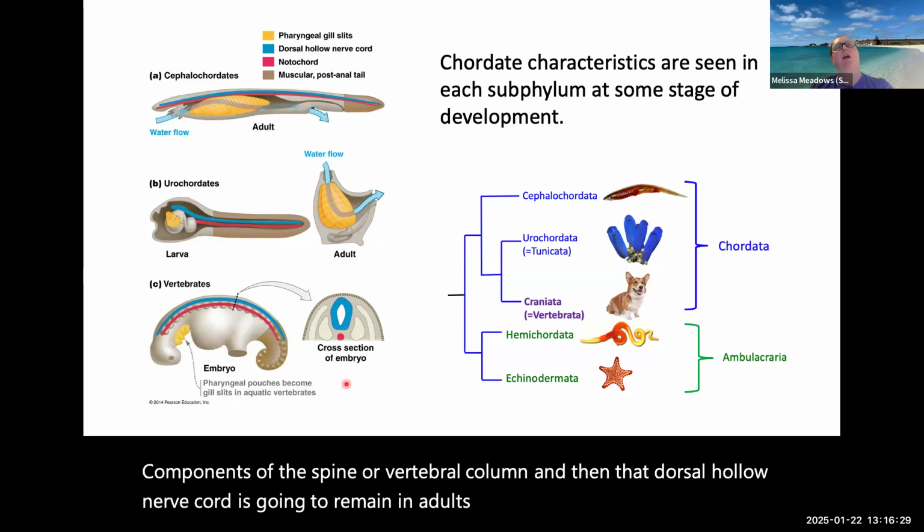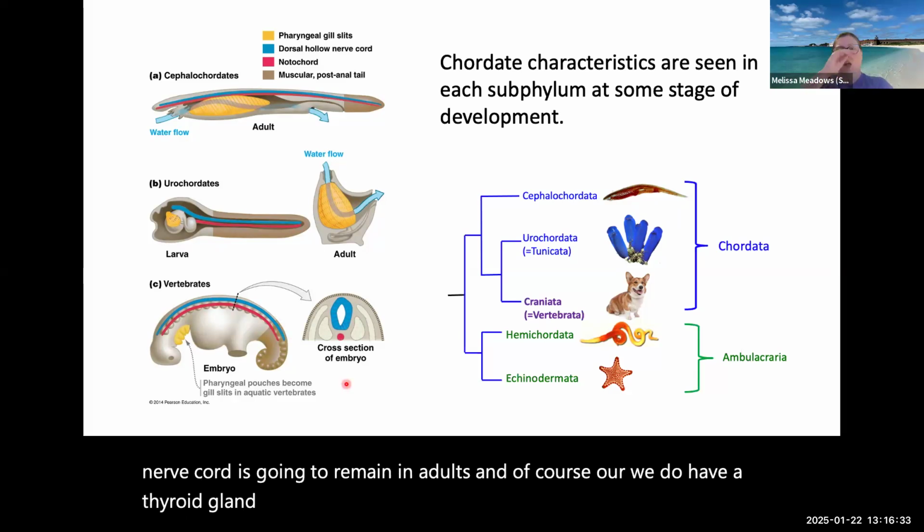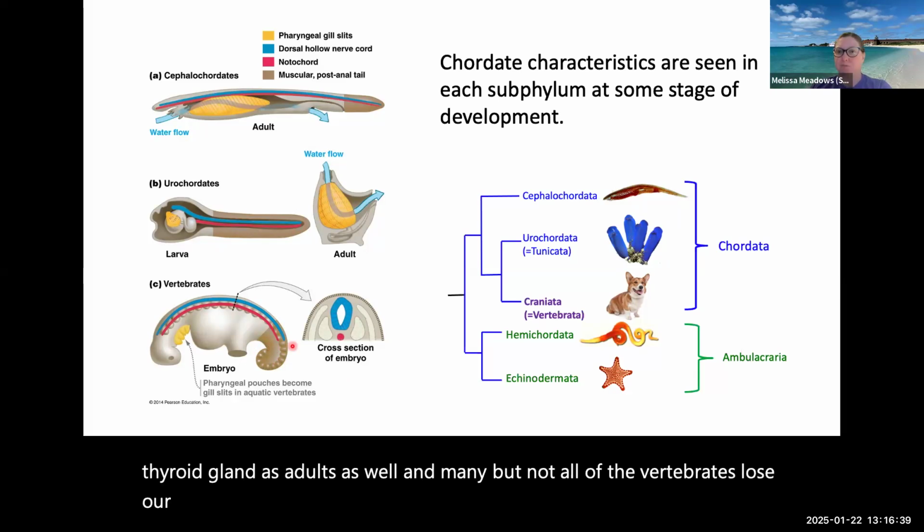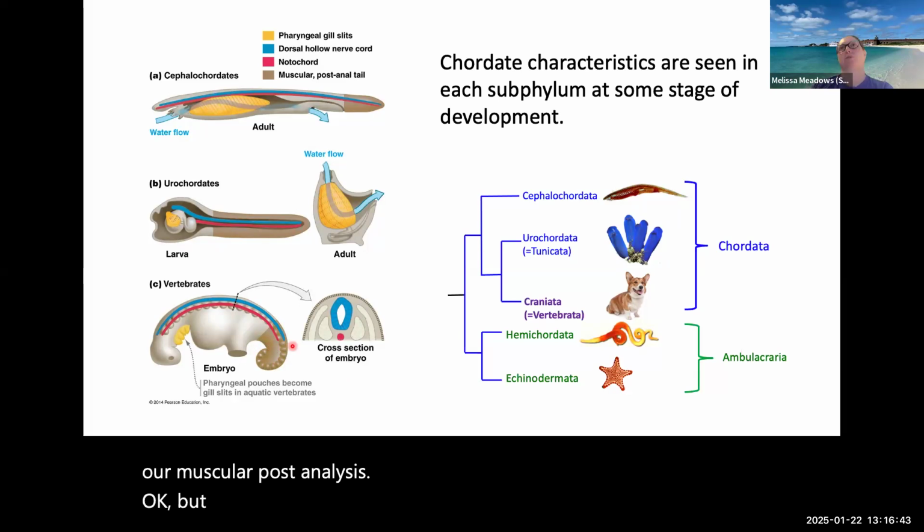And of course, we do have a thyroid gland as adults as well. And many, but not all, of the vertebrates lose our muscular postanal tail. Okay, but we all have all those things at some stage of development.